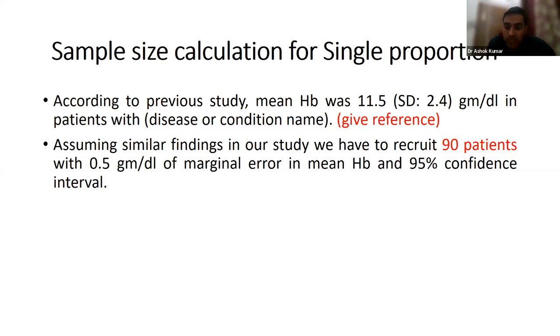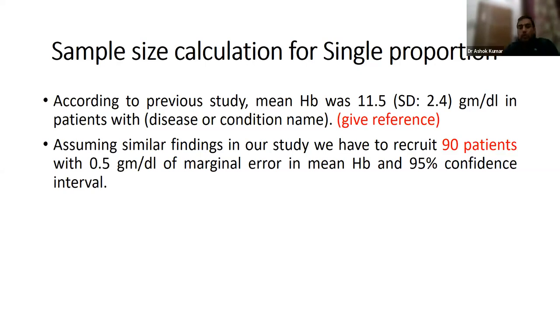So why are we writing here 95% confidence interval? Z value. So what is Z value? If we are taking 95% confidence interval in single mean in descriptive study, that is 1.96. Okay, and this is margin of error.